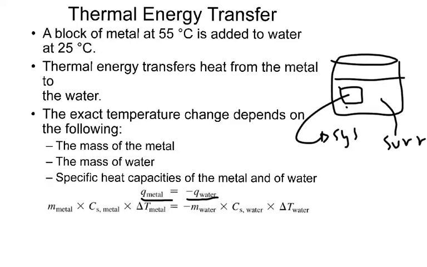And at the end of the experiment, once these 2 objects have reached some sort of equilibrium, the final temperature will be equal for both the surroundings and the system.